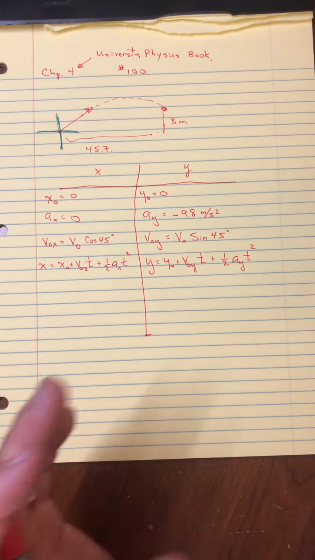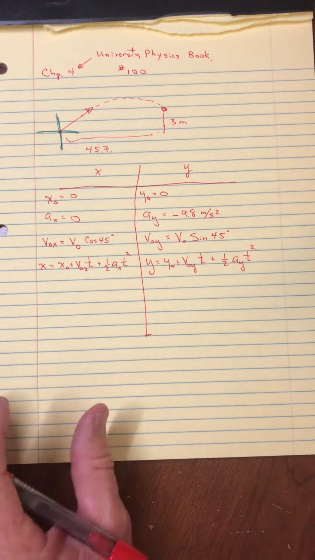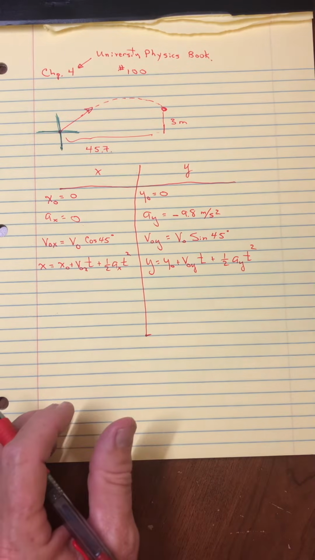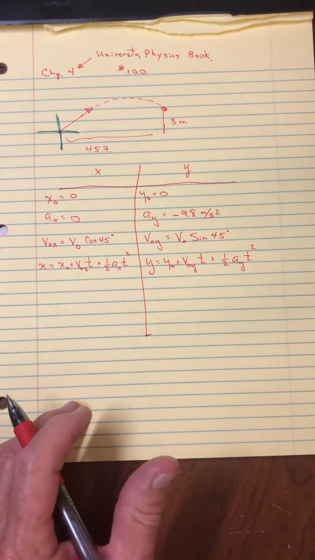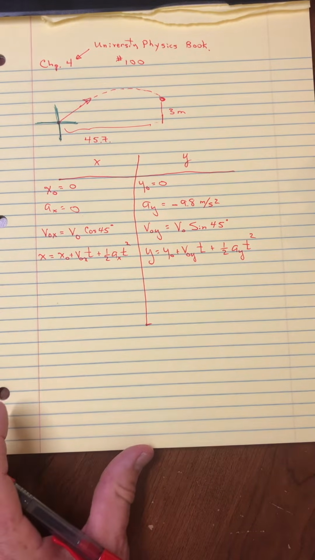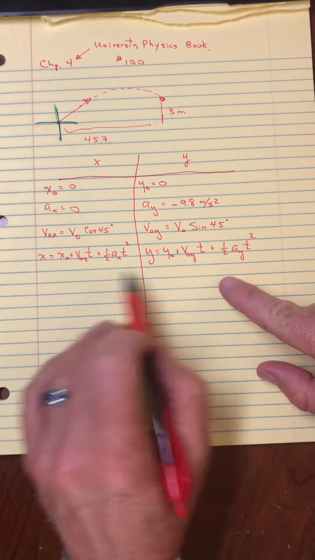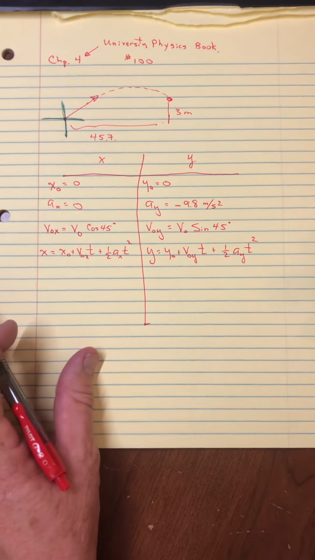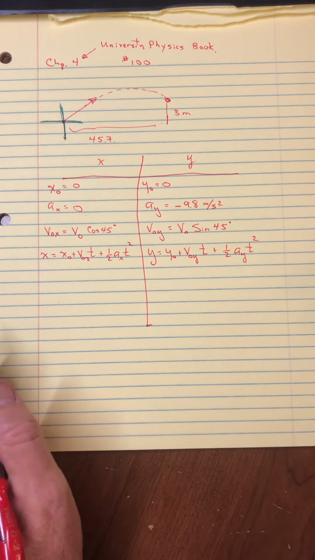We know things about distances, angles, and initial values, but we have no interest in or knowledge of the final velocity, either X or Y. That's why I would pick equation number 2 to get started.